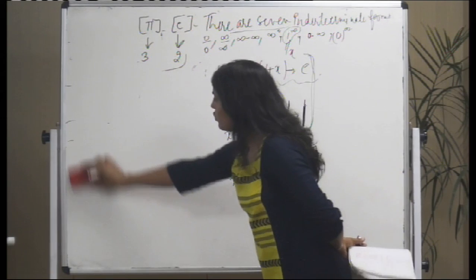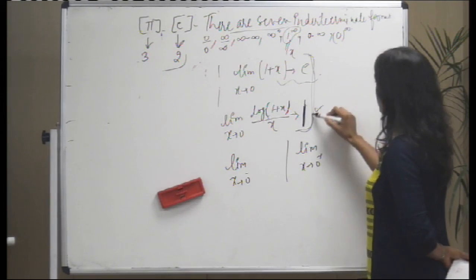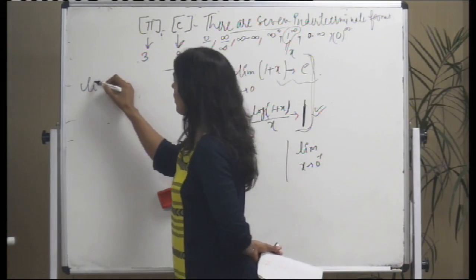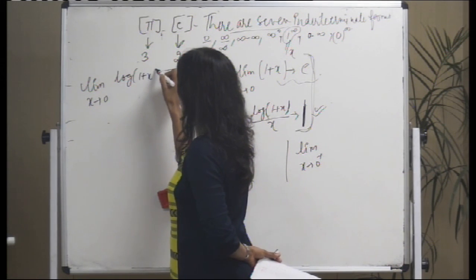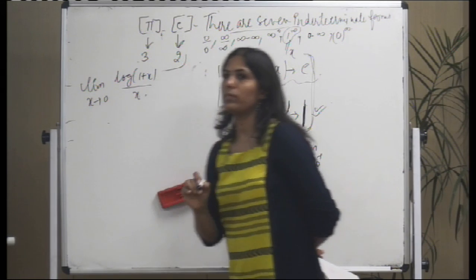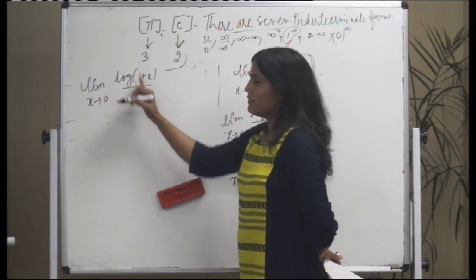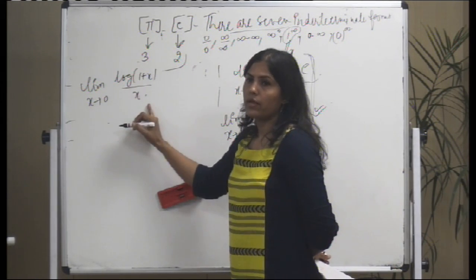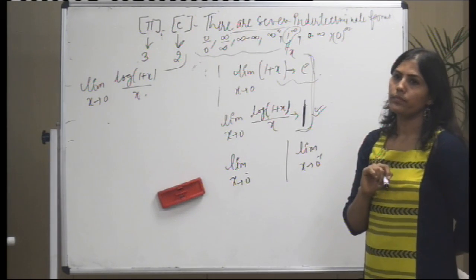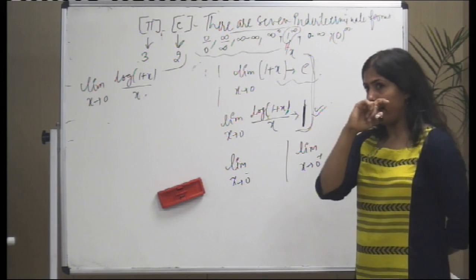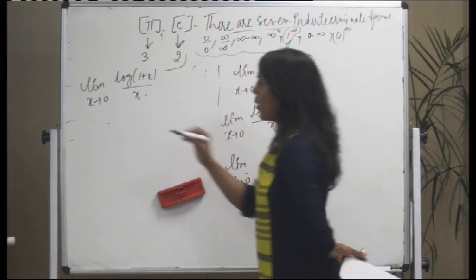Okay, now come to this first question. By this also you will get to know how you check, because this is a simple one. With the help of the simple one you will get to know. It is 0 by 0 form. Whenever you get this type of indeterminate form, what do you do? You apply L'Hopital rule.